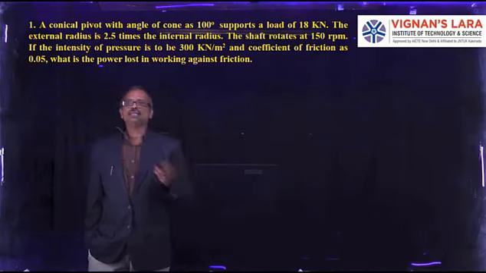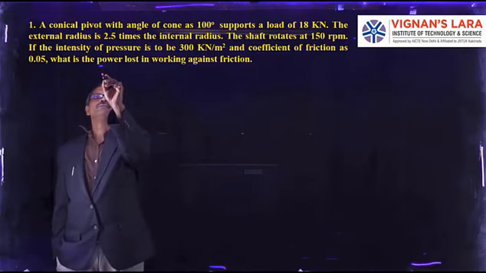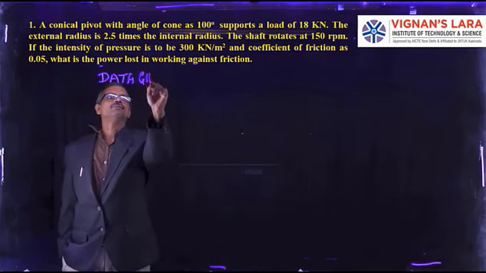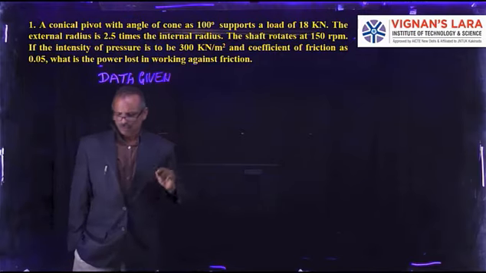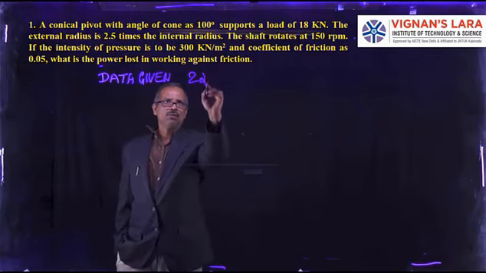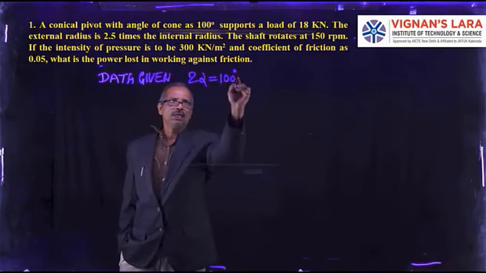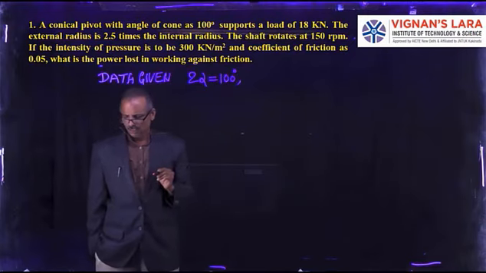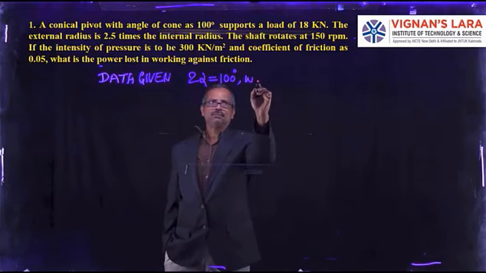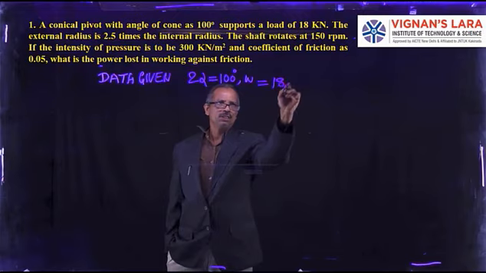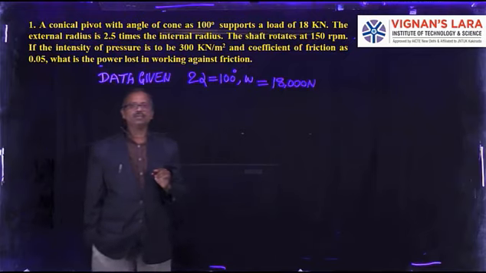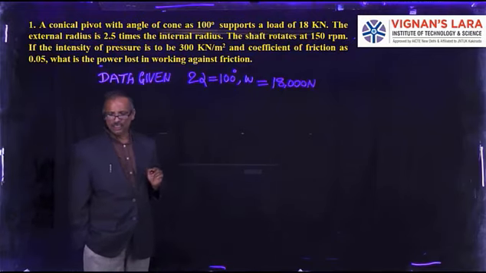So let us first write the data given. It is a cone angle of 100 degrees, that is, 2 alpha is 100 degrees. How much load is it taking? Taking a load of 18 kilonewtons, that is 18,000 newtons. And what is the relation between the external and internal radius?